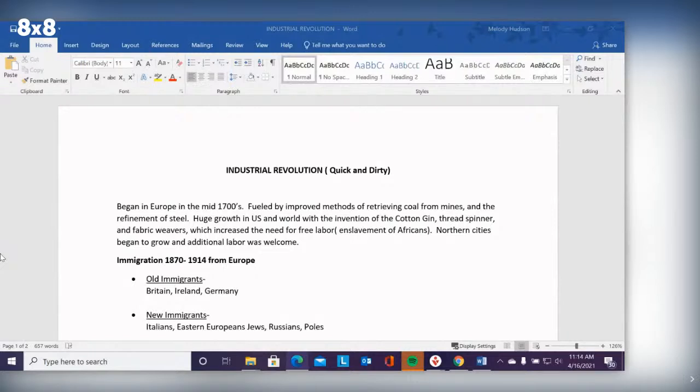Letter B, an increase in manufacturing, C, an increase in population, or D, an increase in immigration. So when we talk about industrialization, what do you think would happen if you have rapid industry?